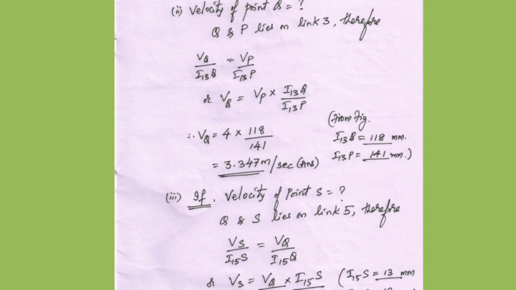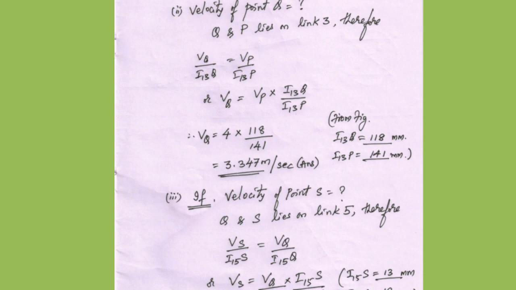Always you should take with reference to link 1. I have written it in the denominator, since omega is equal to V by R, so the I13Q distance and I13P distance. All the three are known, only VQ is not known. Cross multiply with I13Q and you will get VQ.